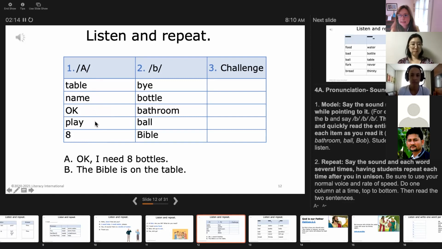They should recognize them from previous lessons. So I'm going to read this whole column of words a couple of times, and you guys can listen. Table, name, okay, play, ate, table, name, okay, play, ate.